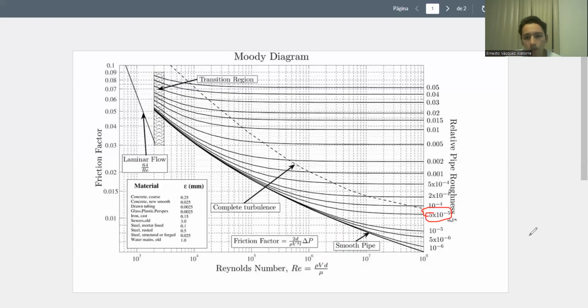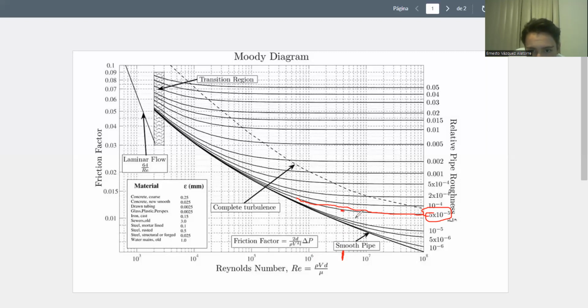Now you use this line and you start going up on it until you get to the desired Reynolds number, which is 3 times 10 to the 6th, and the point where it makes the intersection is the one that we're interested in.